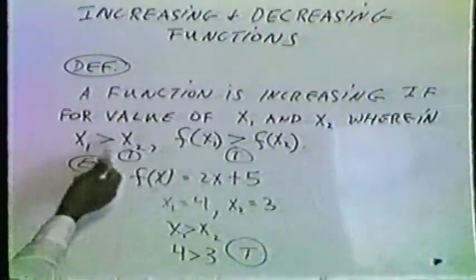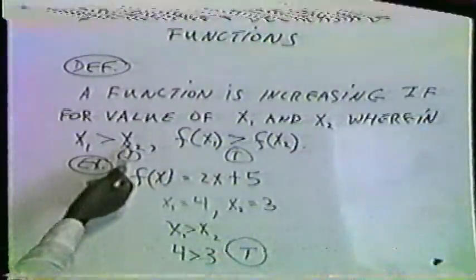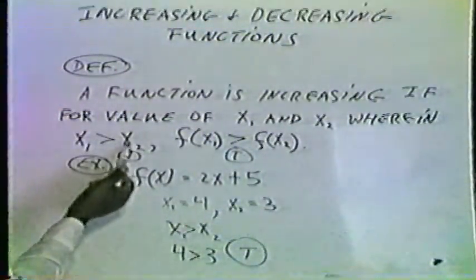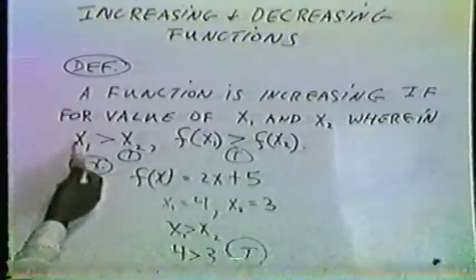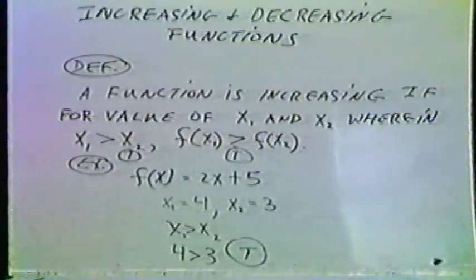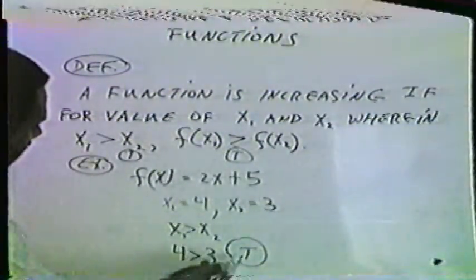I could have chosen 100 for the first number and 5 for the second number, or 7 for the first number and 2 for the second number, as long as the first number is greater than the second number. That's how you have to choose your numbers. So I chose 4 is greater than 3, and this is true.